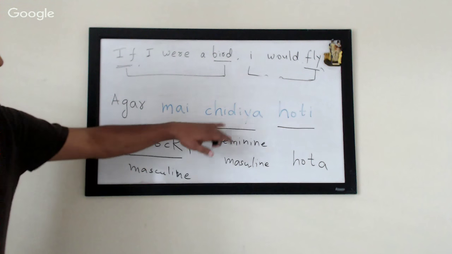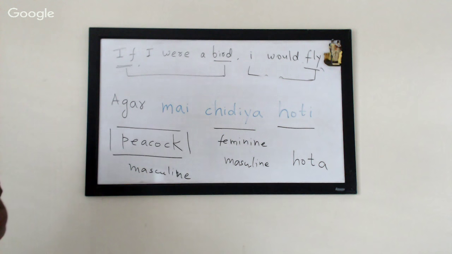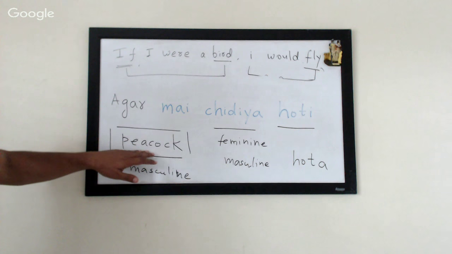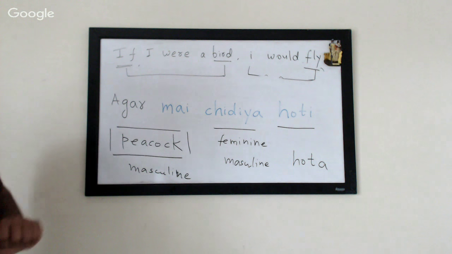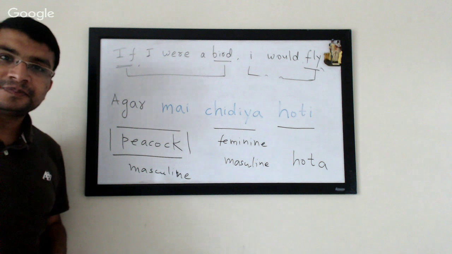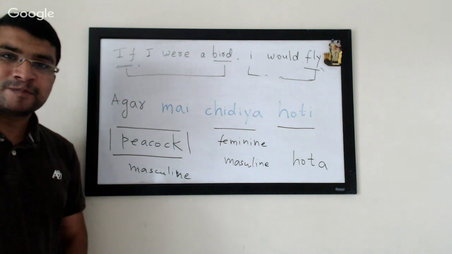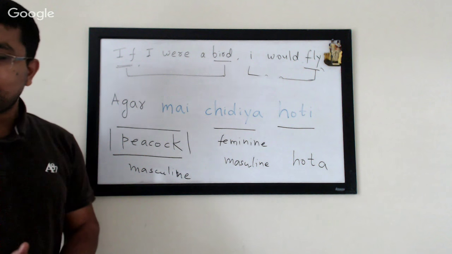The same sentence, let's replace the bird with peacock. And let's say you don't know the Hindi word for peacock. How will you use that in our formula? I'll give you again 10 to 15 seconds, so that way you can practice our formula.